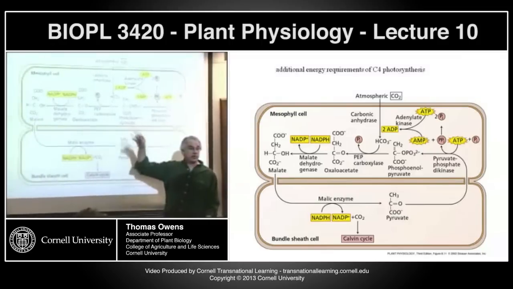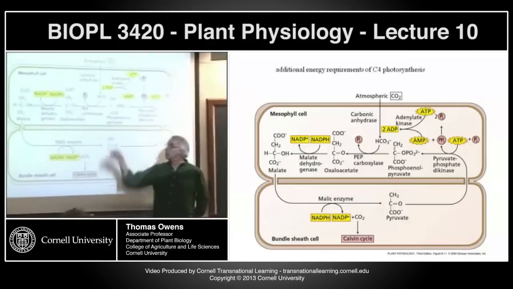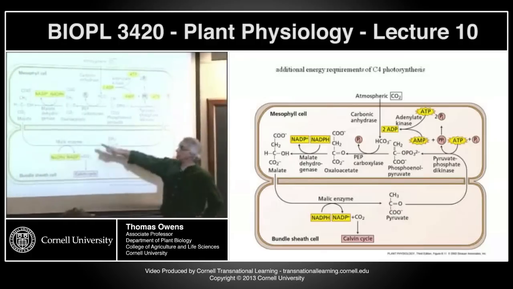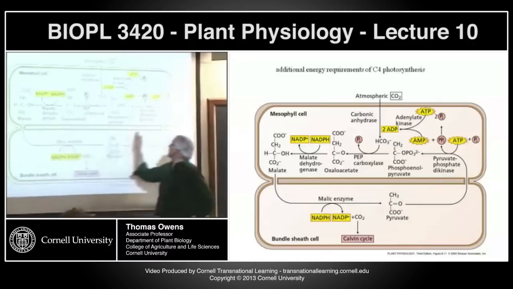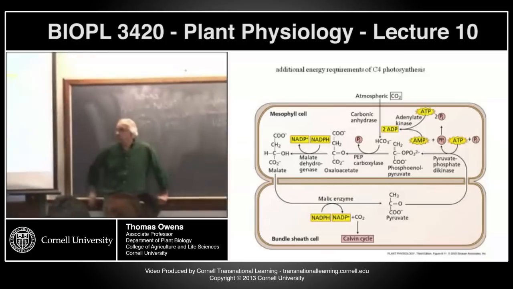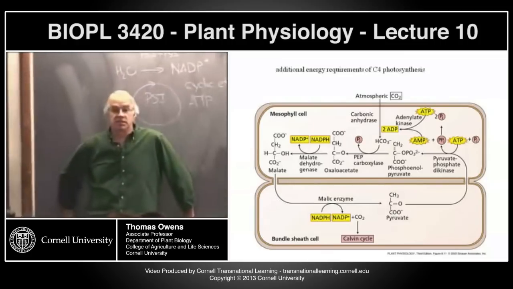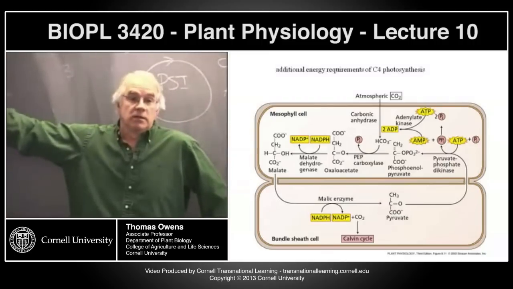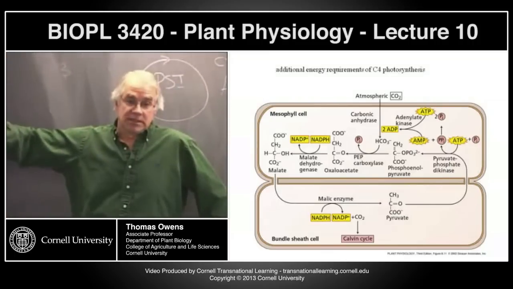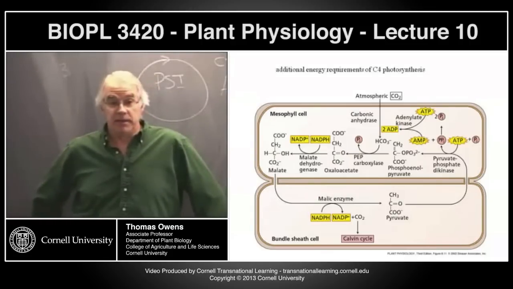Where are they being used? What must be transported? The question is really asking you to think about what's being transported between the two cells besides the 4-carbon and 3-carbon molecules that are transporting the CO2 in. The picture here does not come close to the complications of transport that are involved in this. And thinking about ATP and NADPH gives you some idea that there's a lot more going on here.